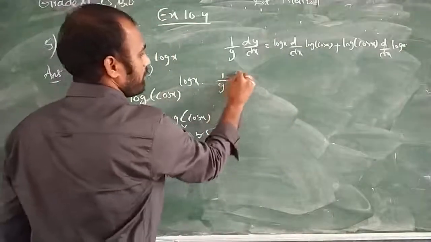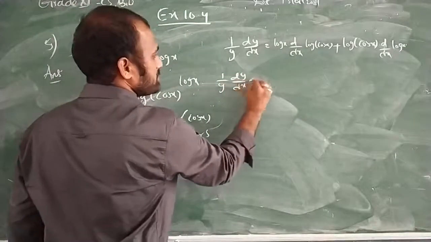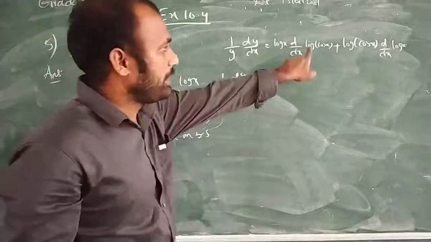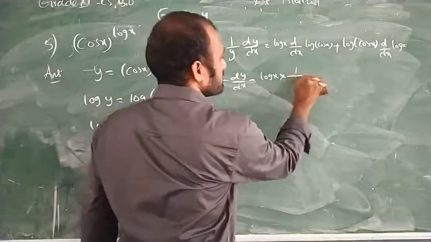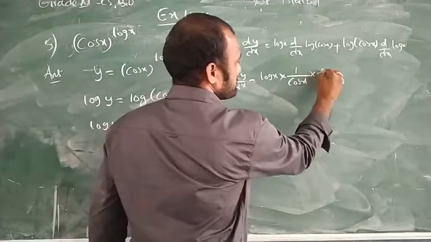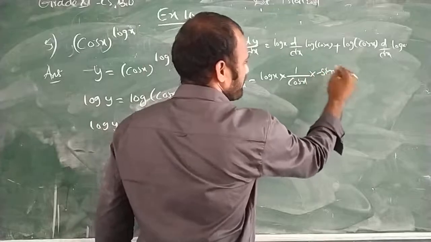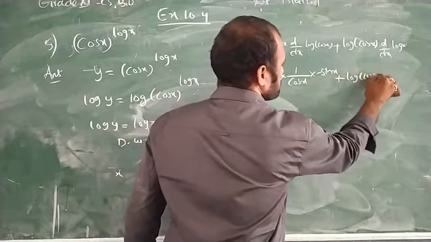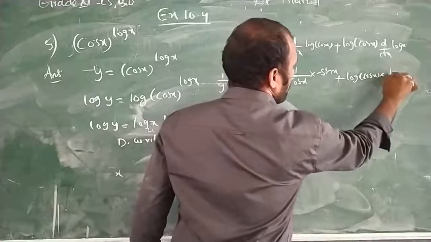So 1 by y dy by dx is equal to log x into the derivative of log cos x, which is 1 by cos x, into the derivative of cos x, which is minus sin x, plus log of cos x into the derivative of log x, which is 1 by x.